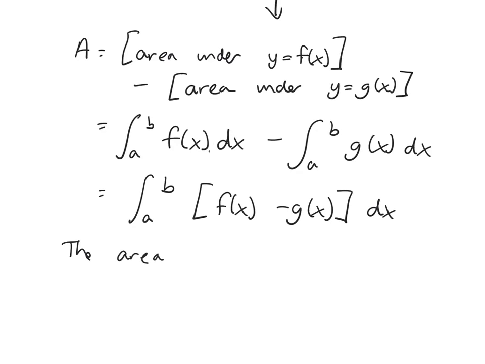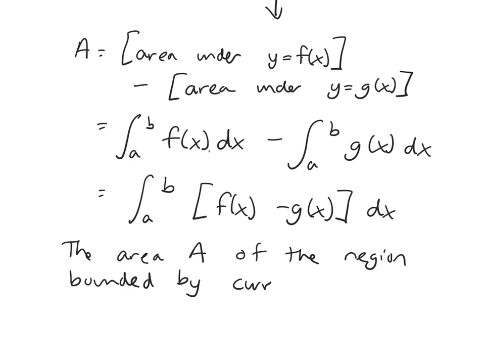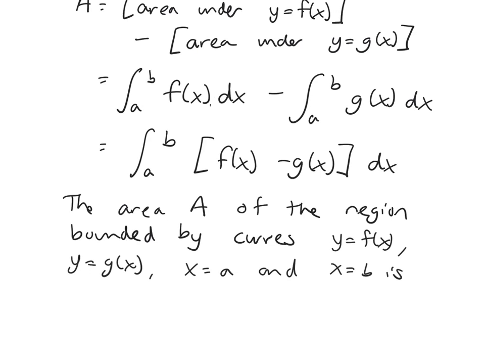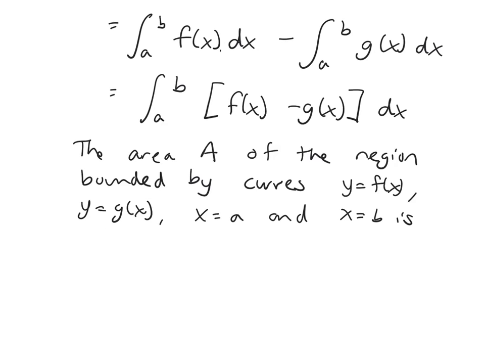The area A of the region bounded by curves y equals f of x, y equals g of x, x equals a, and x equals b is exactly the formula I just wrote down.